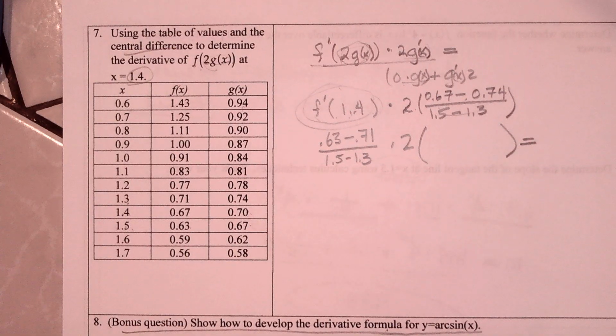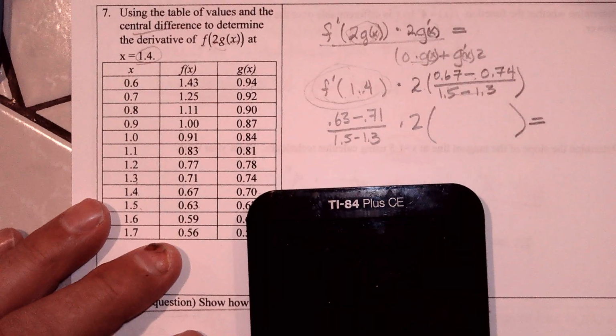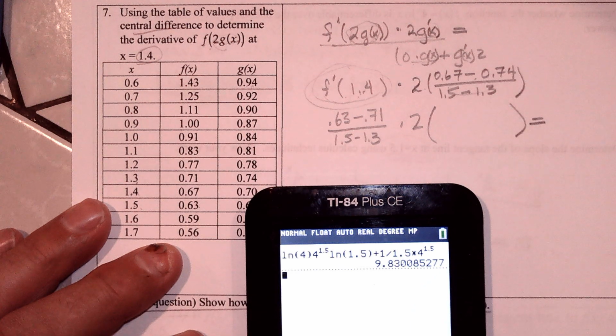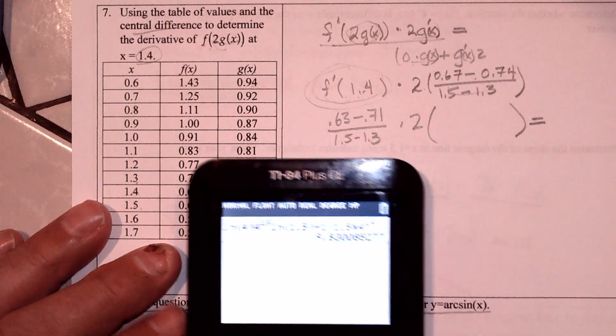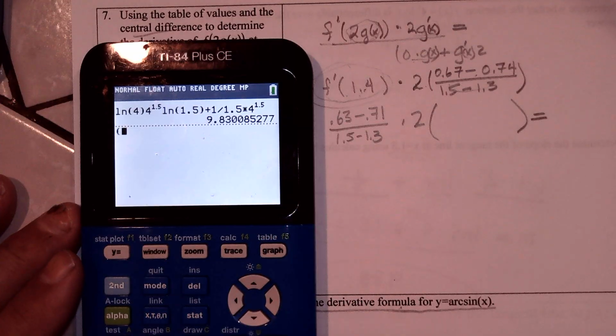So, doing my arithmetic here, 0.63 minus 0.71. And this is a fraction, so on a calculator, you should put the numerator in parentheses, 0.63 minus 0.71, there's the numerator, divided by 1.5 minus 1.3, or 0.2.